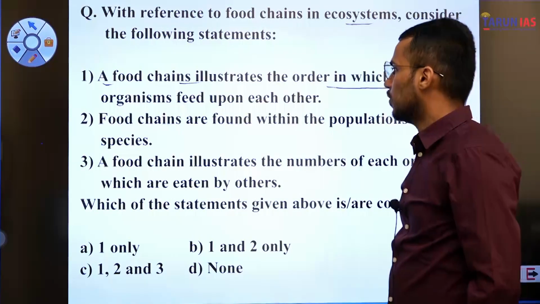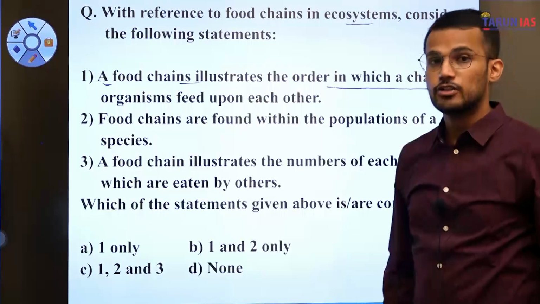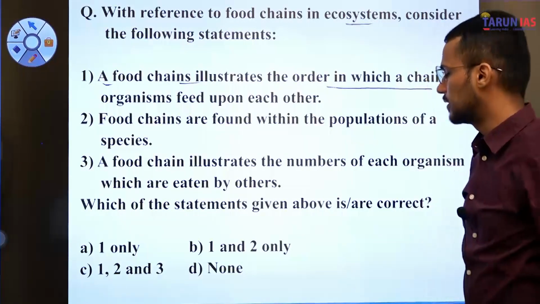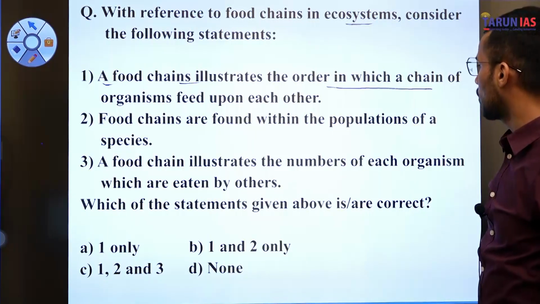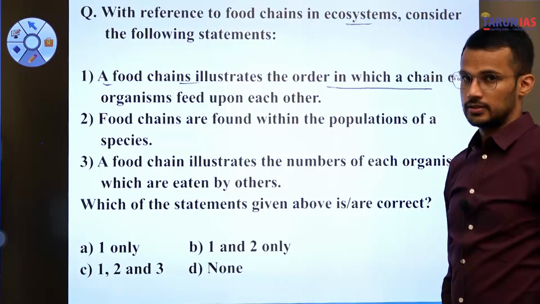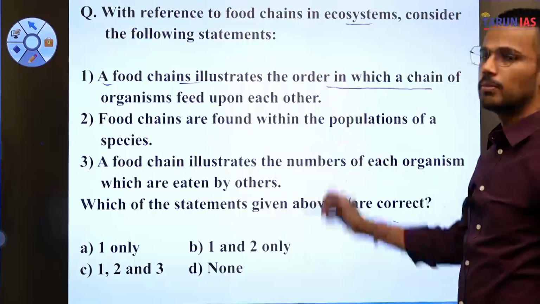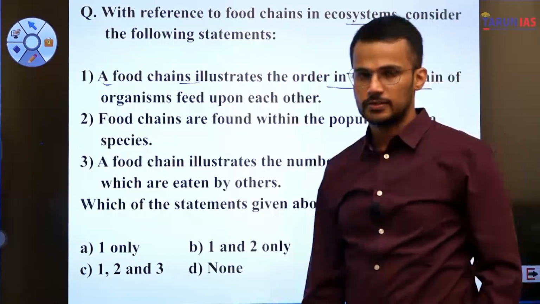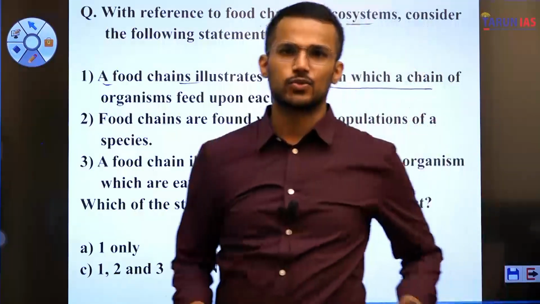Second statement, food chains are found within the population of a species. Third statement, a food chain illustrates the numbers of each organism which are eaten by others. You have to select the correct statements from the above mentioned three statements, and these are the options. Let us discuss this question.